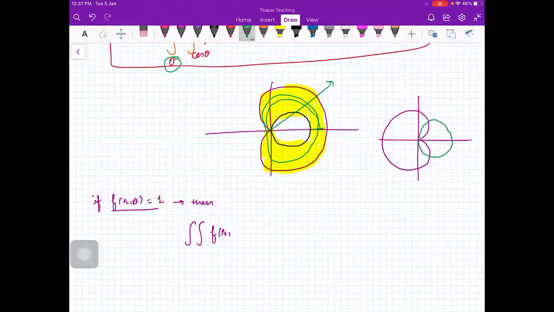Now you see what you will do if you draw a line, a ray. Here you have to divide your region, right? Because if you draw a ray till here, this is your entry point and this is your exit point. And if you draw here, the entry point is the circle and the exit point is the cardioid. So in that case, you have to break your region, and then you have to see what is theta for this point.